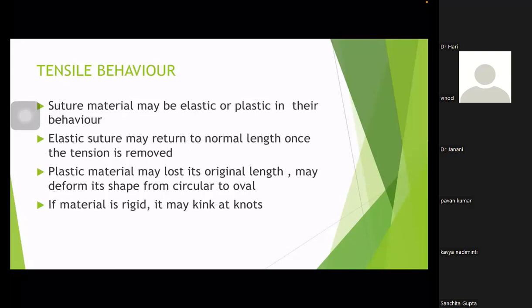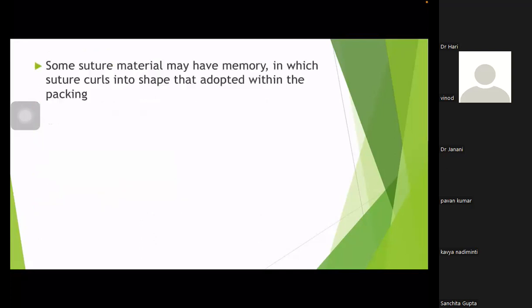If it is elastic, it regains its normal length once the suture is removed. Plastic suture materials may lose their original length and may change shape from one form to another. If the material is rigid, it makes kinks at knots. And some suture materials have memory. They regain their shape from the suture packing.